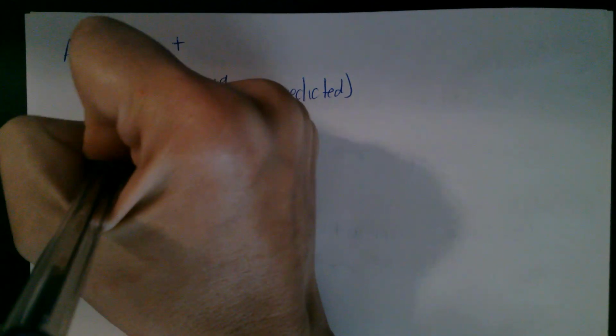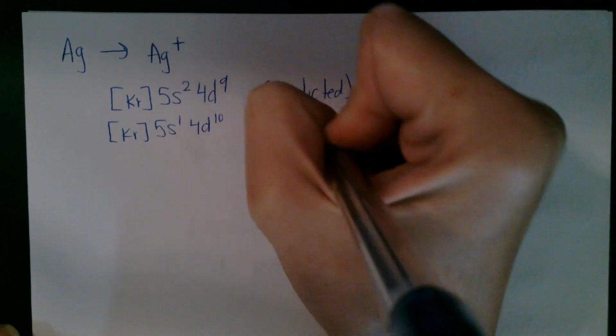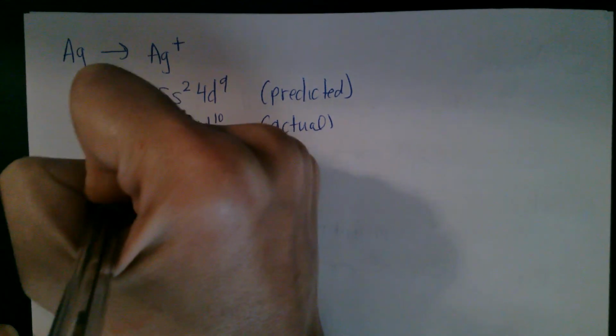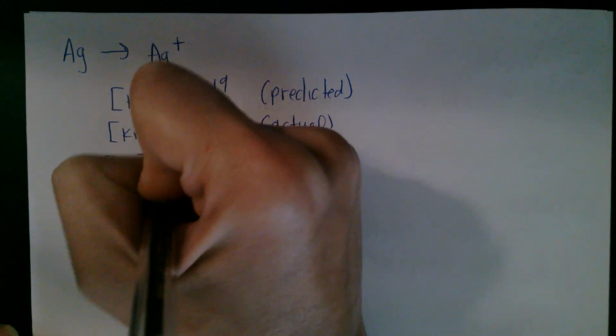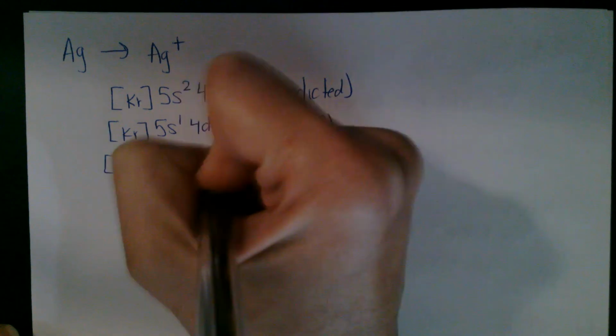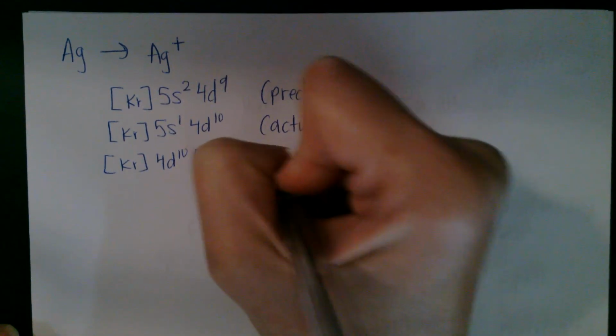So the actual is krypton 5s1 4d10. So this is the actual. And then we have, of course, krypton 4d10 and 5s1, in order of energy.